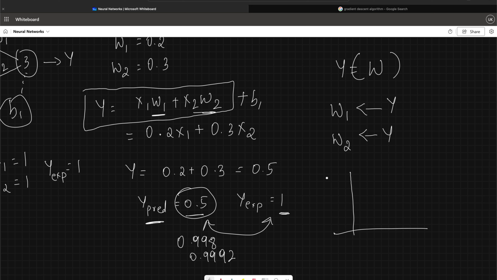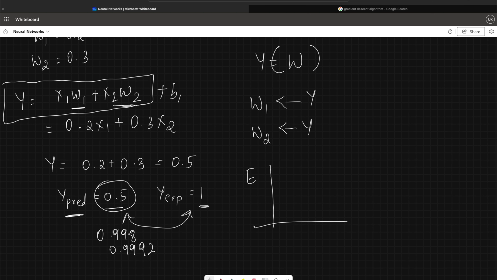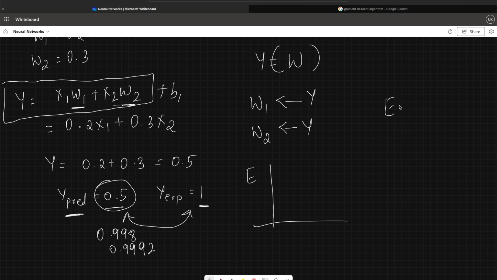In terms of y, we'll go with another expression called e, wherein e is nothing but an error. E is basically the error, or a cost that occurred in this case. So for this example, what is the cost, or the e value? It's the absolute difference between the expected and the predicted value, whatever it predicted initially.